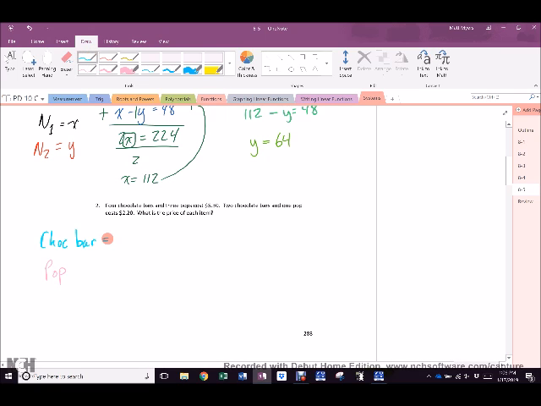Let's assign some variables. What variable would be good for chocolate bar? C? Sure. What variable would be good for pop? P. Sure. What do I know?